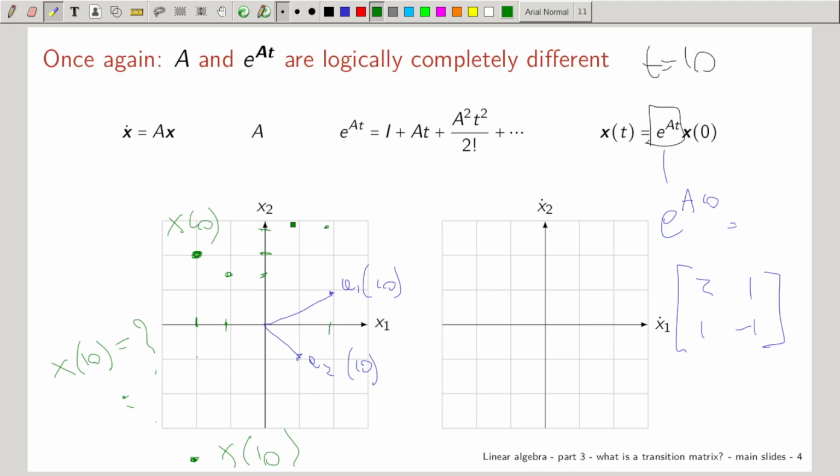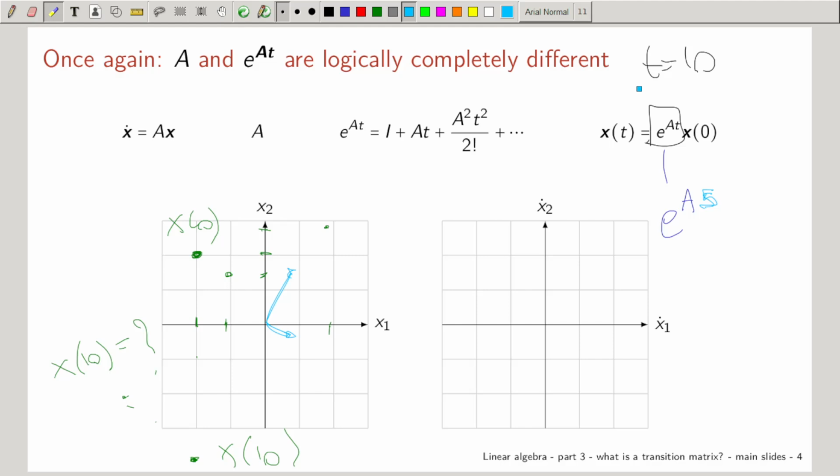Together? And if I knew that A of 5 was, for example, this and this, do you see that knowing A of 5 would enable me to compute for every point where I would go? So the components are two.